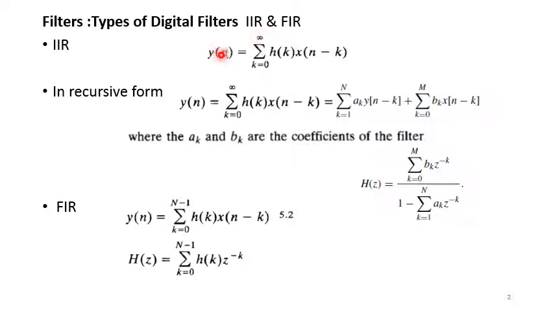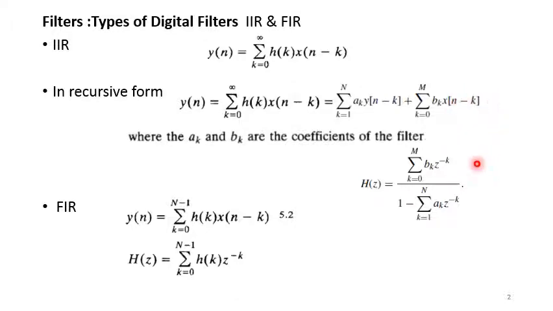The input-output relationship for the IIR filter is given as this one, and you can see this is basically a convolution. So this IIR expression can also be expressed in recursive form. We can write summation k running from 1 up to n, a_k y(n minus k), plus summation k running from 0 up to m, b_k x(n minus k), where a_k and b_k are the coefficients of the filter.